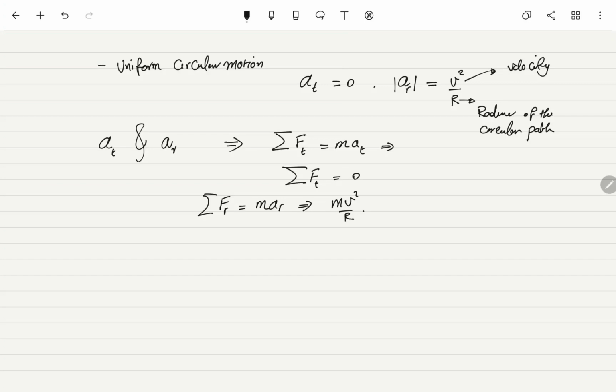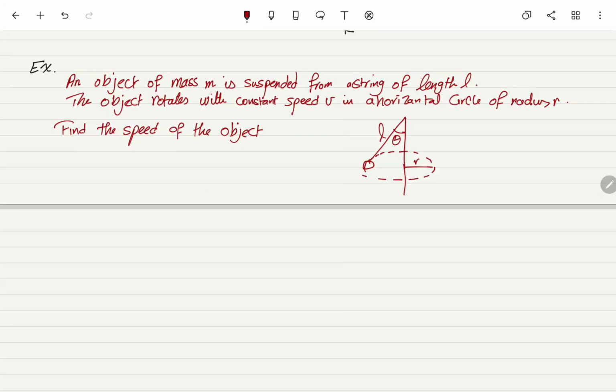Let's have an example. In this example, an object of mass m is suspended from a string of length L. The object rotates with constant speed v in a horizontal circle of radius r. Find the speed of the object. Before going further, let's have this model.